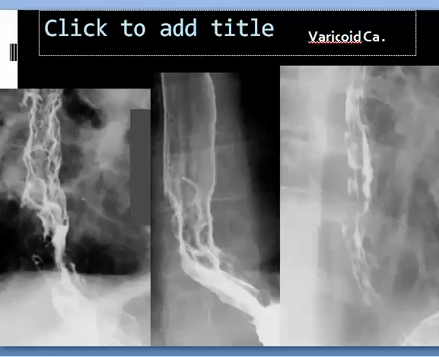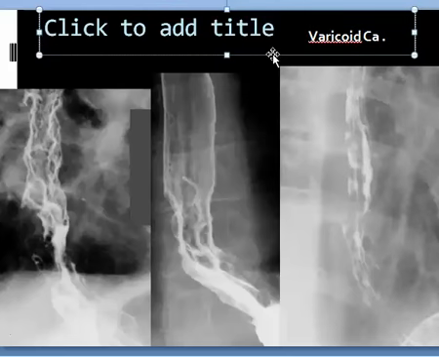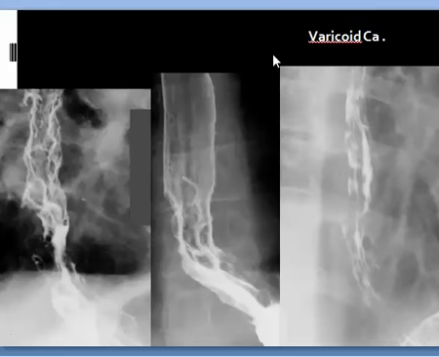Here is the varicoid type of carcinoma, in which there are many irregular areas of wavy outline, tortuous but irregular, in addition to mucosal irregularities, a tortuous outline of the masses with irregular outline and incomplete mucosa.